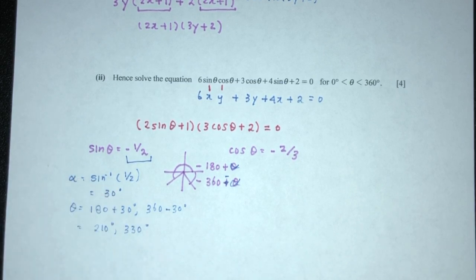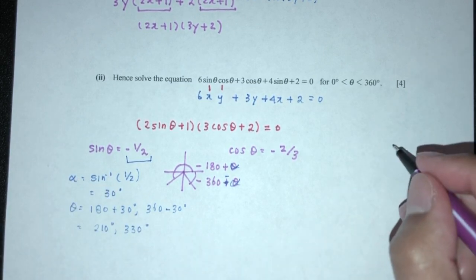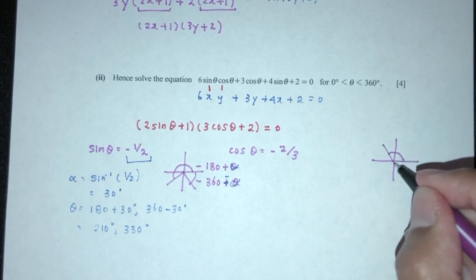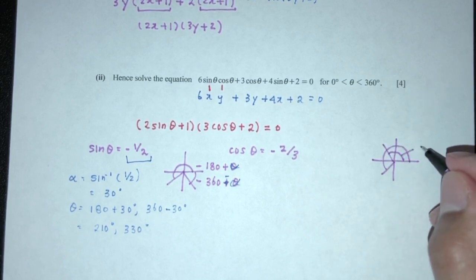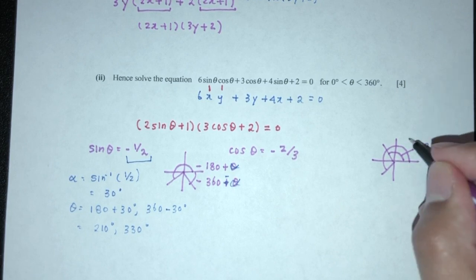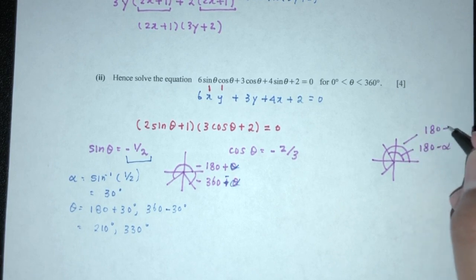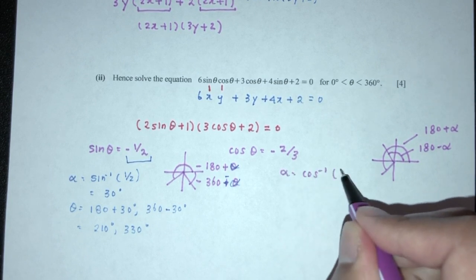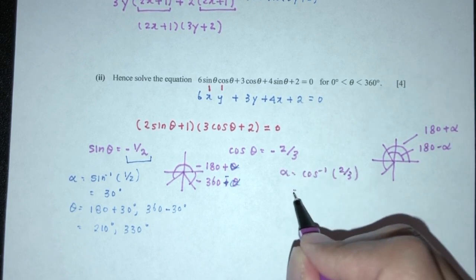That is part 1. Now same thing for this one. When cos is negative, it will be in the second quadrant and the third quadrant. That will be 180 minus alpha, and this will be 180 plus alpha. So alpha will be cos inverse of the positive angle.